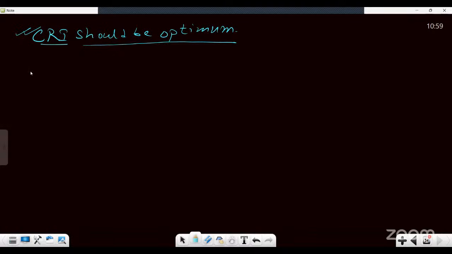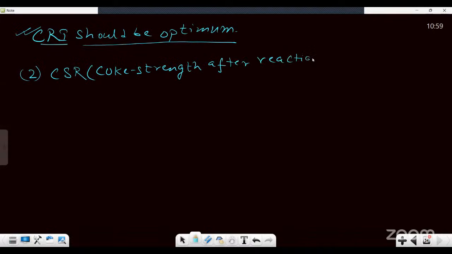Now, apart from CRI, there is another thing which we call the CSR, which is coke strength after reaction. Now, what is this CSR, or the coke strength after reaction? Coke strength after reaction means how strong the coke remains after reacting with CO2.